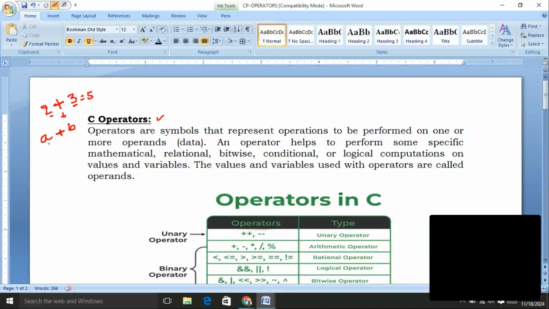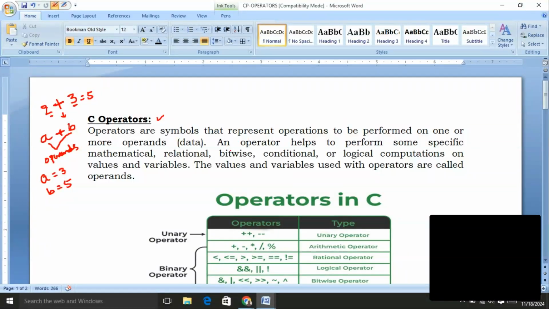A and B are called operands. Operands means the variables or identifiers which contain the data. For example, here A value may be 3, B value may be 5. So what I am writing here is symbols that represent the operation performed on the data or operands.